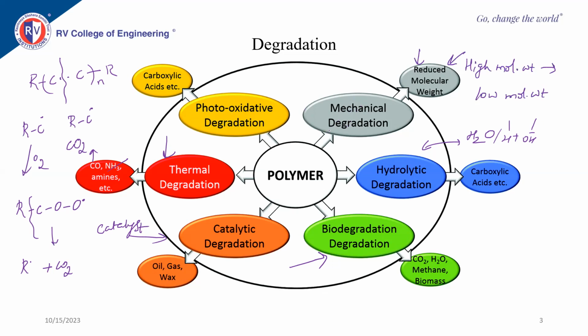Finally, what we have is the biodegradation. See, thermodegradation is under the influence of heat. Photooxidative degradation under the influence of light. Mechanical under the influence of some stress, milling. Hydrolytic under the influence of water. So here biodegradation only indicates the presence of biological species.